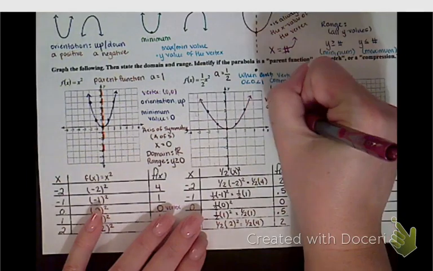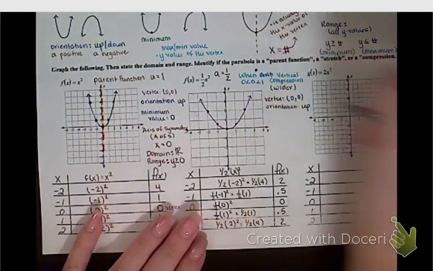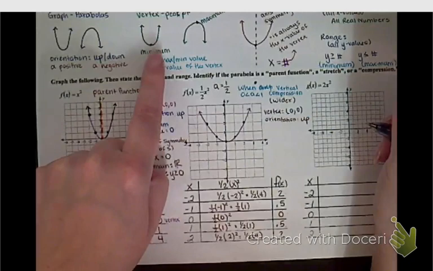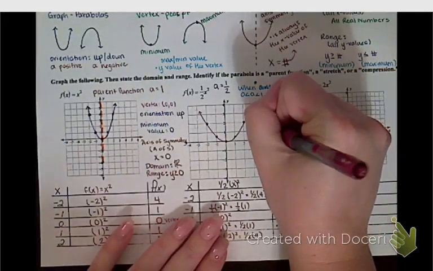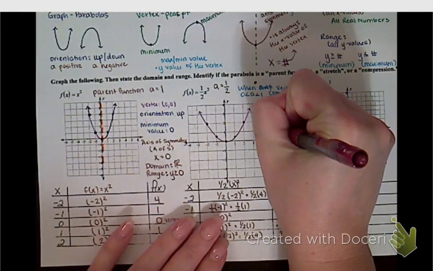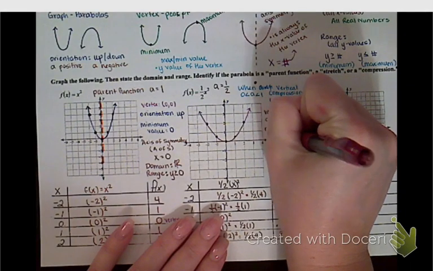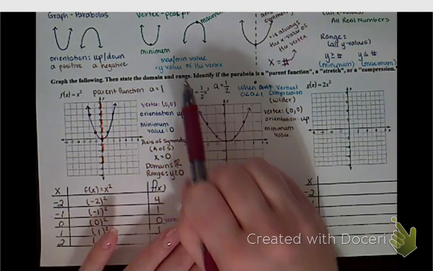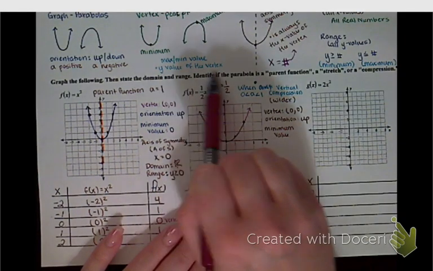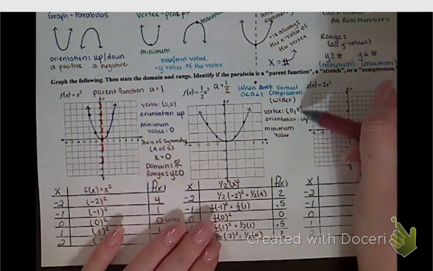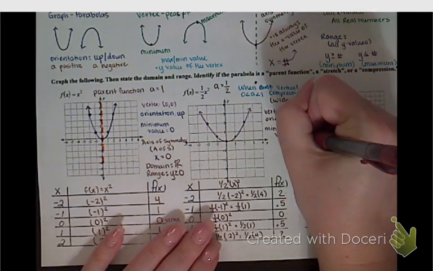A is positive, so the orientation is up. And if the orientation is up, it means I have a minimum value. The minimum value is the y value of the vertex. So if I come over to my vertex, the y value of my vertex is 0.